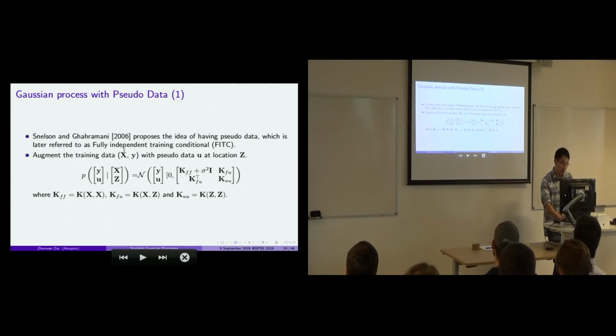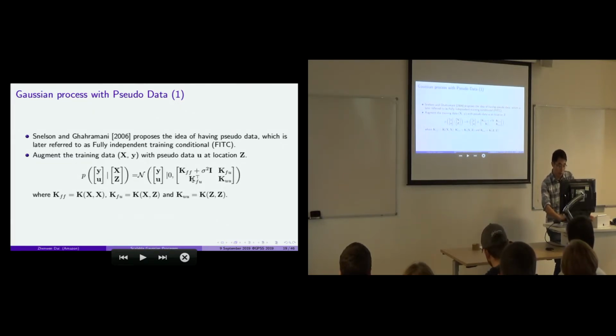So our original data is X and Y. Now we are introducing some data we do not actually observe, with output U together with Y, and its corresponding input location Z together with X. So we are expanding the training data with some data we didn't actually observe.